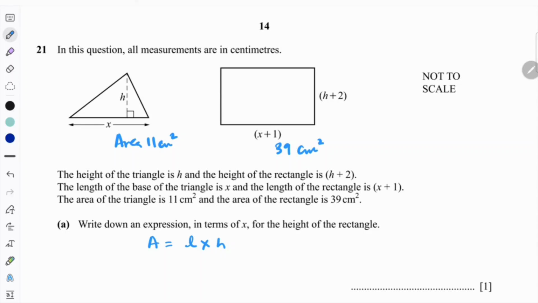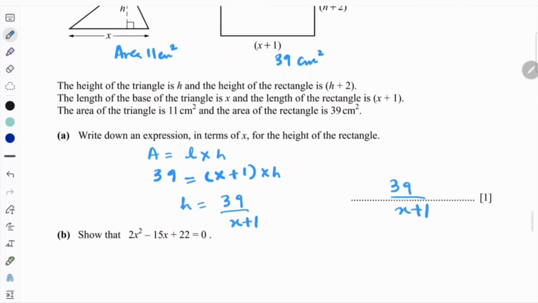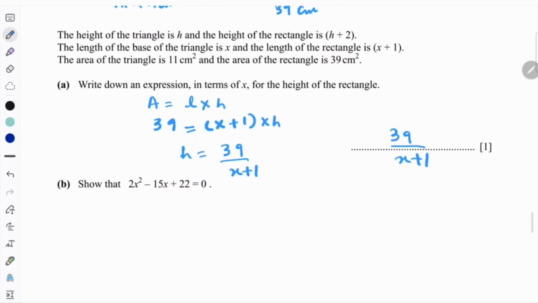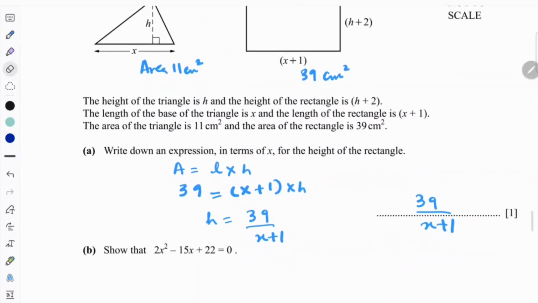So area is 39 here, and it is x plus 1 times the height, and height is equal to 39 upon x plus 1. Show that 2x square minus 15x plus 22 equals 0. Alright, in the previous one the height was h plus 2, so we'll keep h plus 2 here.